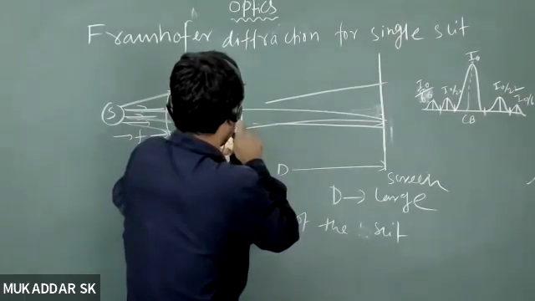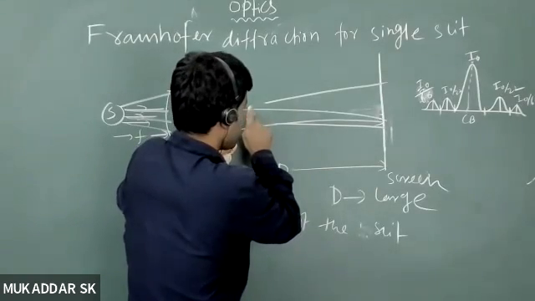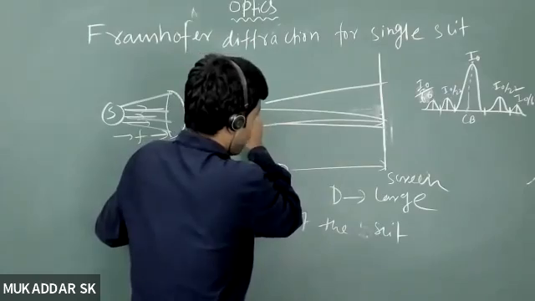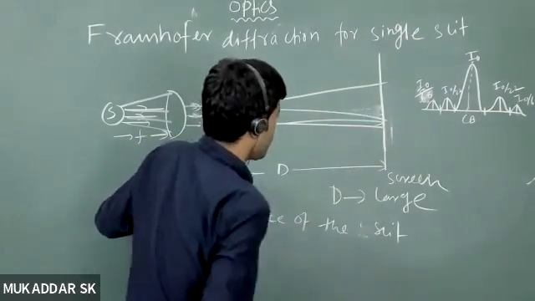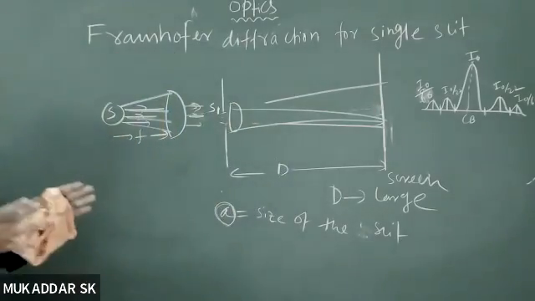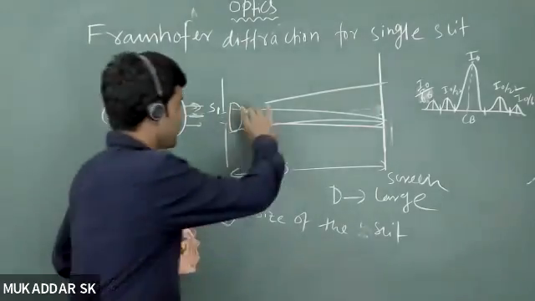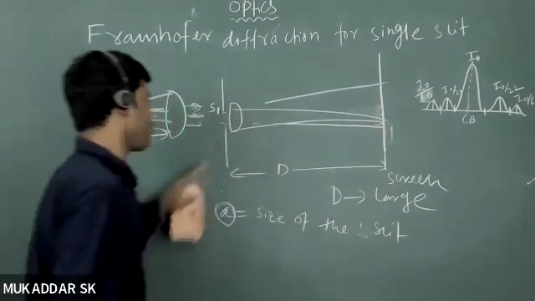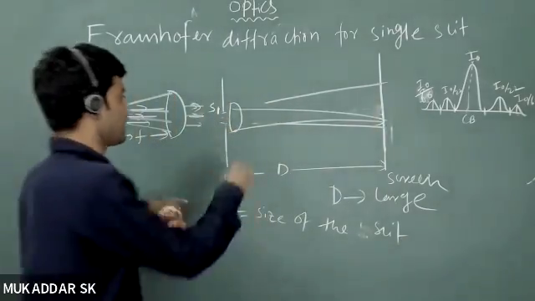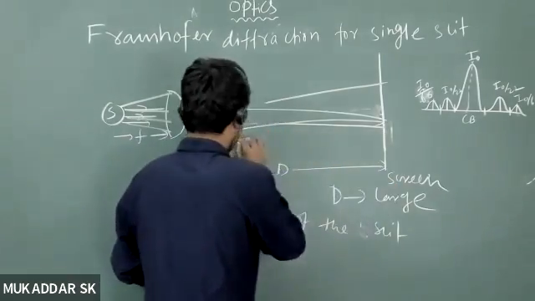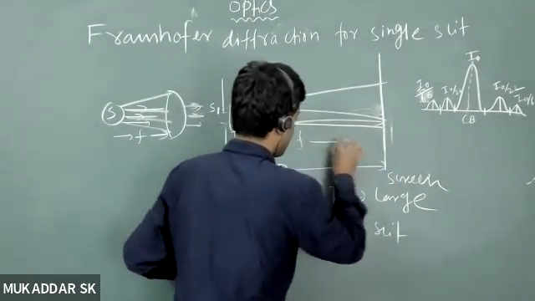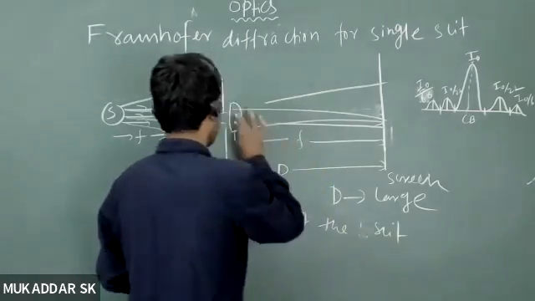Because when this ray will pass through this convex lens, it will focus this output ray at the screen. To make the output ray focus, आपको convex lens लगाना पड़ेगा. And the distance between this convex lens and the screen, that distance is basically f. F is the focal length of this lens.